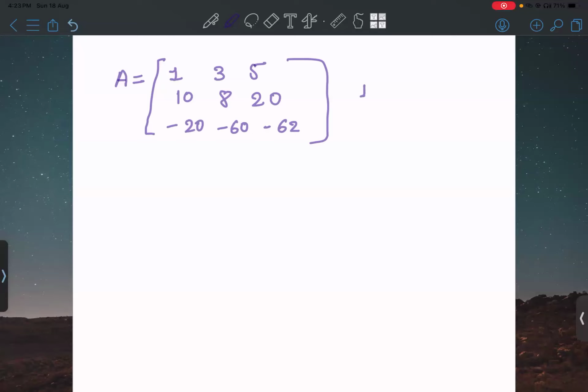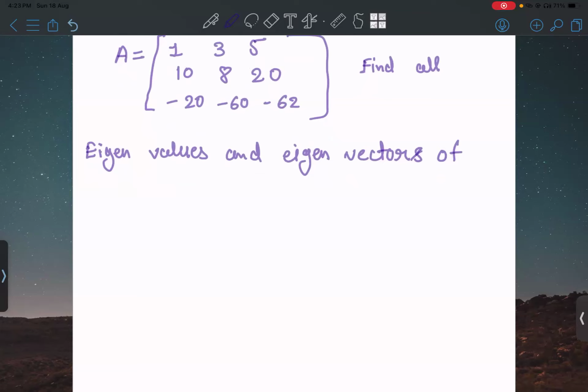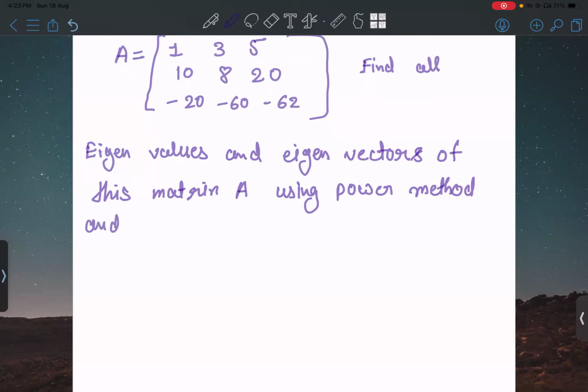I want to find all eigenvalues and eigenvectors of this matrix A using the power method and inverse power method.